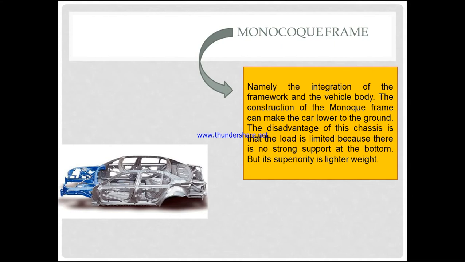The chassis is integrated with the car. When the car is passing through the road, this makes the cabin space safer, because the impact force is absorbed by the entire body of the car.